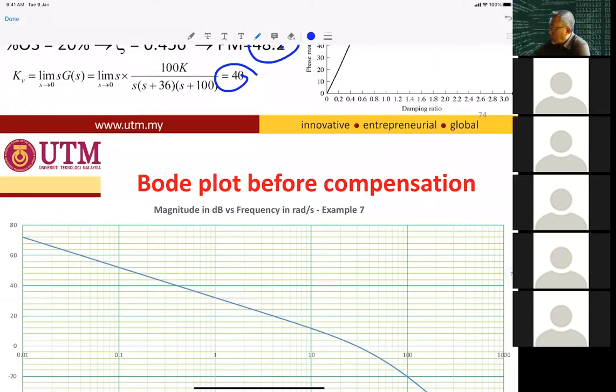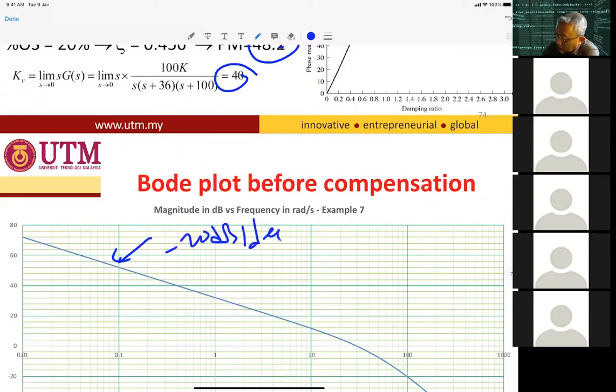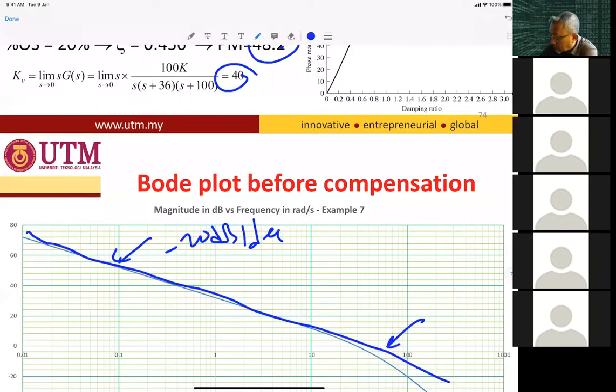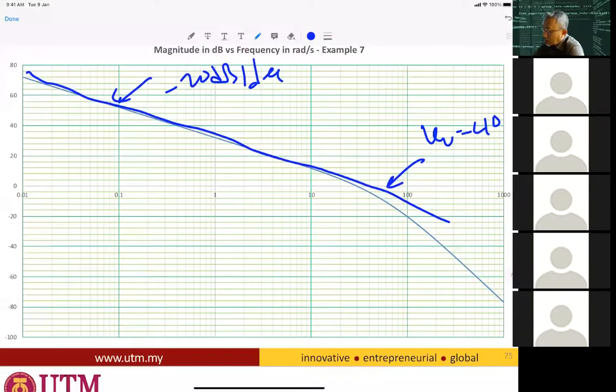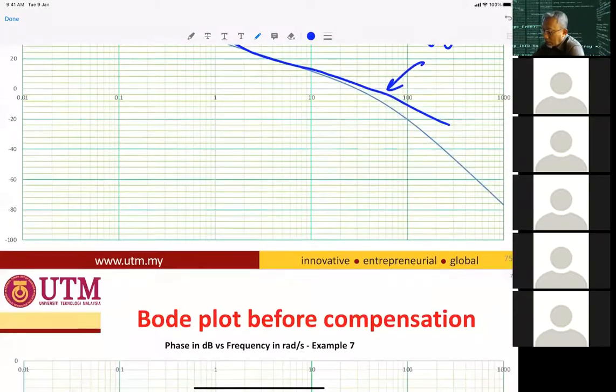If you use a ruler, you can see that this one is minus 20 dB per decade, and you can see that the Kv will cut over there. Kv is equal to 40. I'm using a freehand draw, so you cannot get exactly 40.